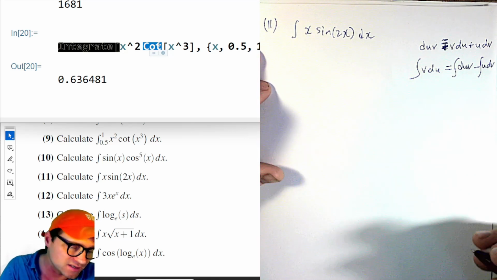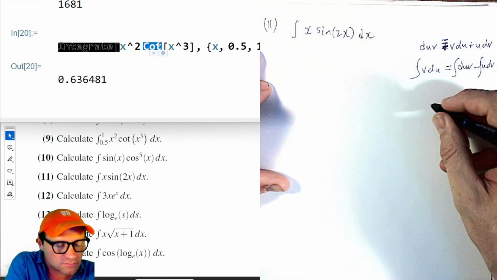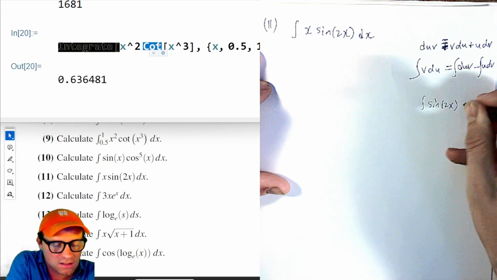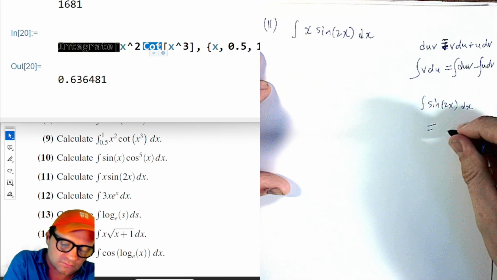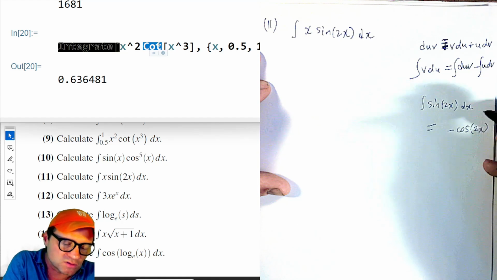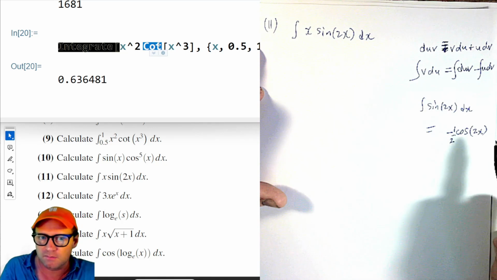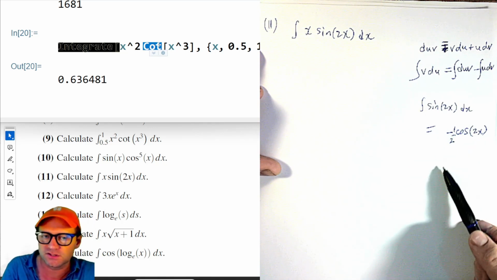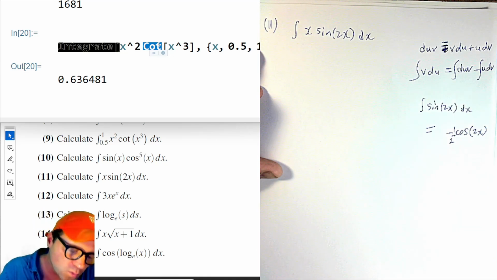So we do that by integrating sine of 2x. All right, so the integral of sine of 2x with respect to x is minus cos of 2x multiplied by 1/2, because if you differentiate this via the chain rule, it would generate an extra 2 out the front. So you need to compensate for that with the 1/2.